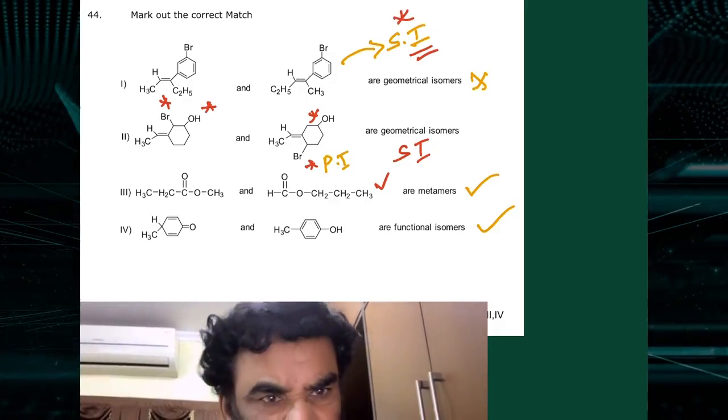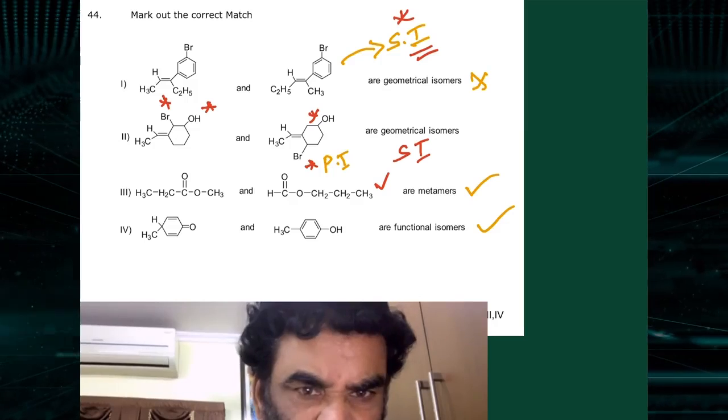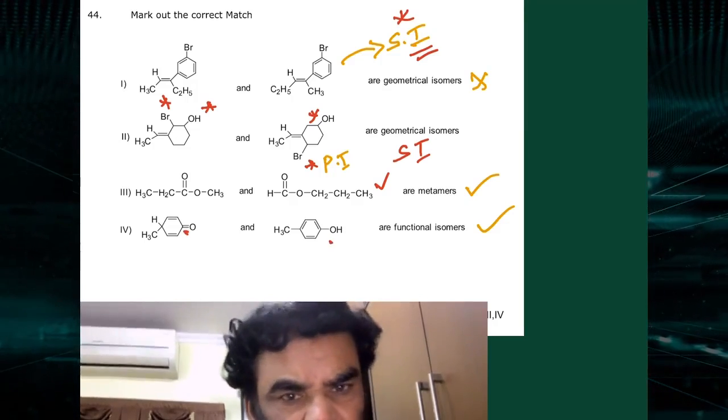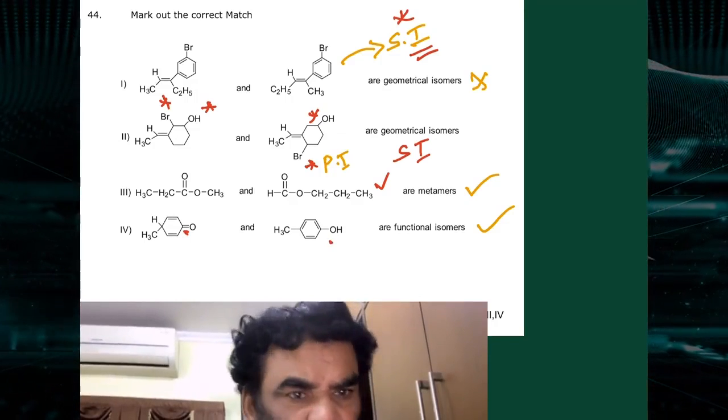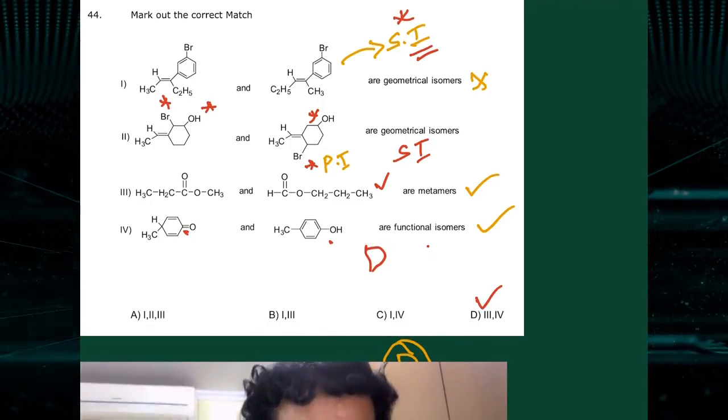So ethyl, methyl, and propyl, metamers. This is functional isomers. Yes, this is ketone, this is phenol, both are isomers and they are functional isomers. So 3 and 4 are correct. Option D is correct for this.